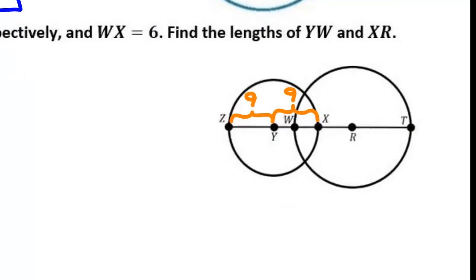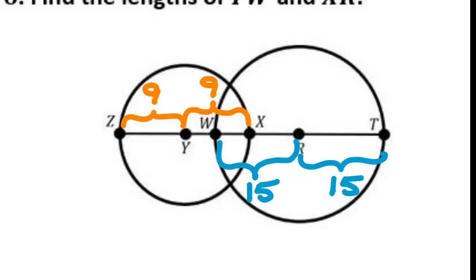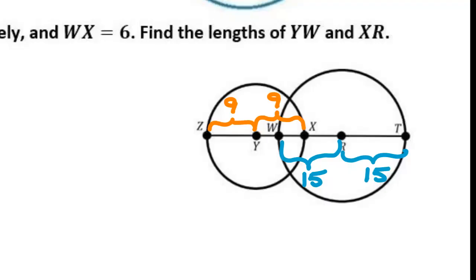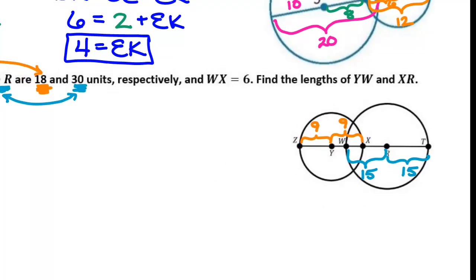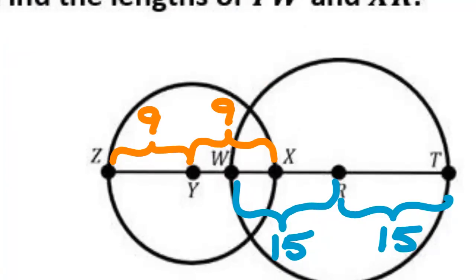And then the other circle, circle R, has a diameter of how much? 30. So what would the radius be? 15. So from R to T would be 15, and from W over to R would also be 15. Yes. Okay. And so then they tell us also that WX is 6.